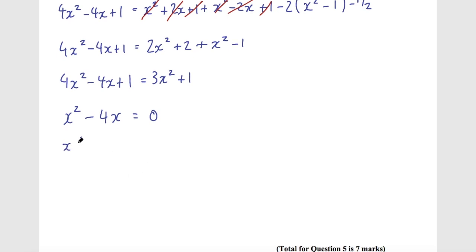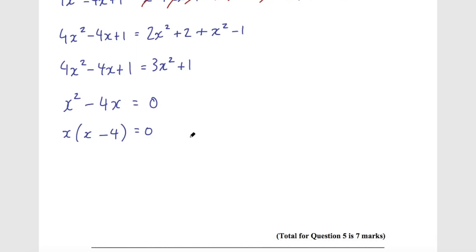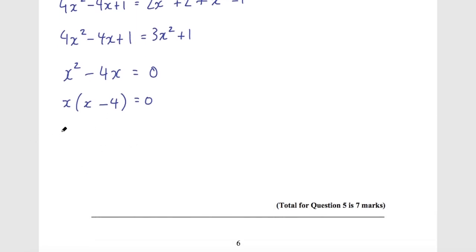So therefore x, and then I can factorize an x out. So this is going to be x bracket x minus 4 equals 0. So therefore x could equal 0, or x could equal 4, because one of these two things has to equal 0. So if x minus 4 equals 0, x equals 4.